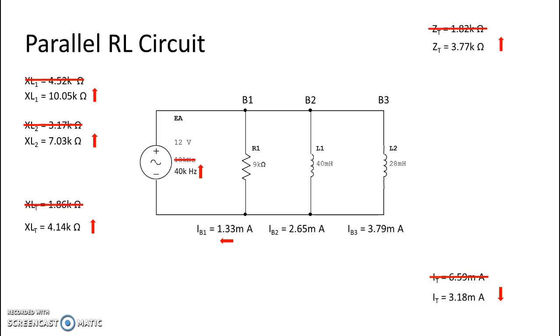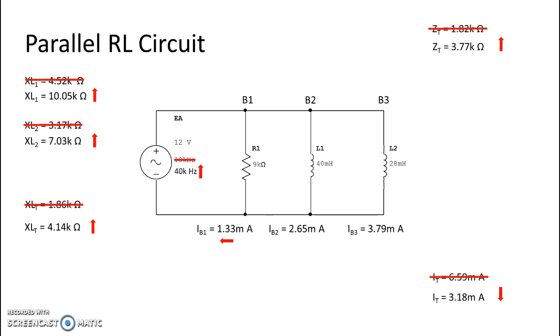Now, on our two branches that have inductors, we're expecting those currents to change. And the reason is both of those ohmic values change. Both L1 and L2 now have greater ohmic values. And so if they have greater ohmic values, we are expecting them to have smaller currents.